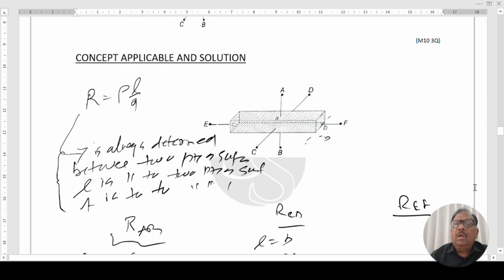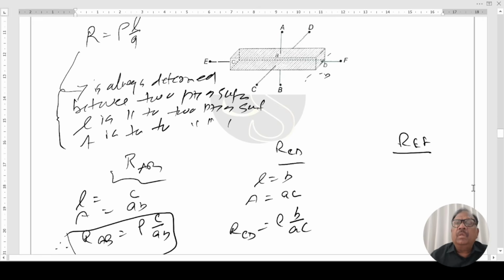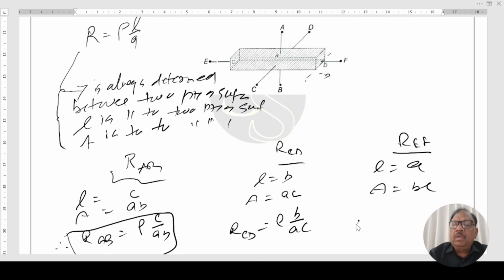REF. In this case, parallel to EF is A, so length will be A, area will be BC. Therefore, REF will be rho A upon BC.